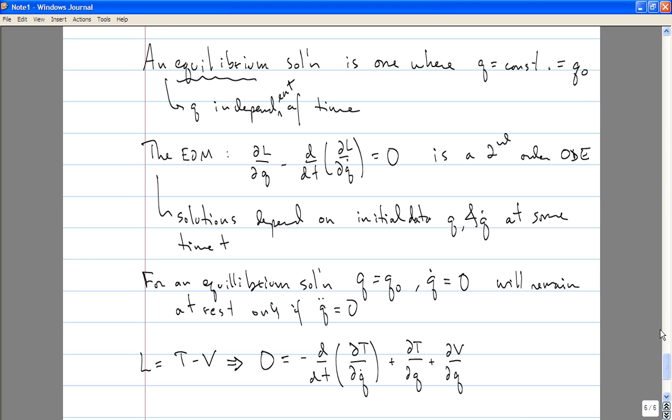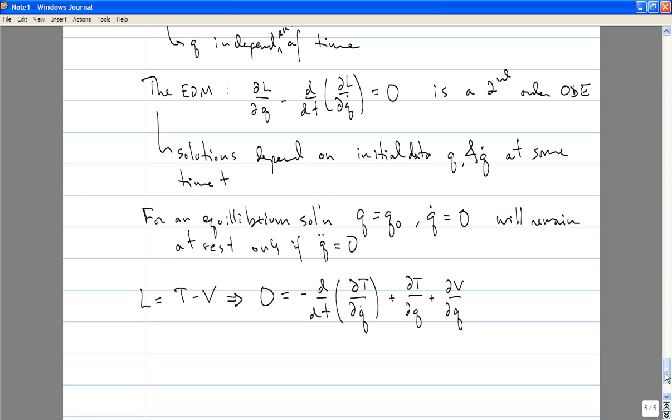So if we look at this at an initial point where we're setting q to be a constant and q dot equals 0, then this term here will involve terms with q dot and q double dot. This term here will be proportional to something linear. This term will be proportional to q dot, and this term will be some function of q.